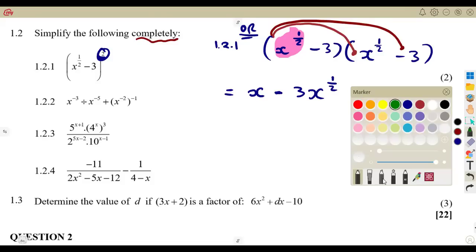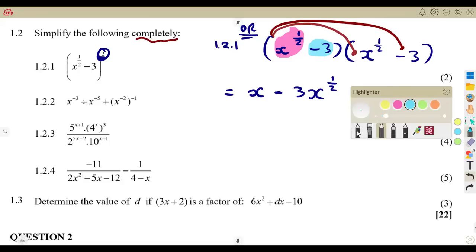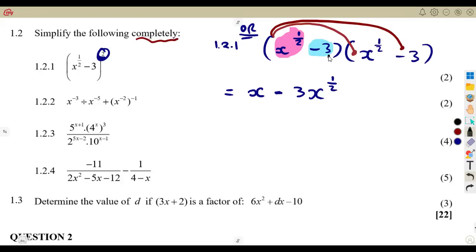It has to affect the same way. So it must affect the first term here, minus 3 and x to the exponent of half. So it's going to be minus 3 x to the exponent of a half. It multiplies what is on the outer part there, the last term there, minus 3 and minus 3. So minus 3 times minus 3 is what? That's a positive 9.